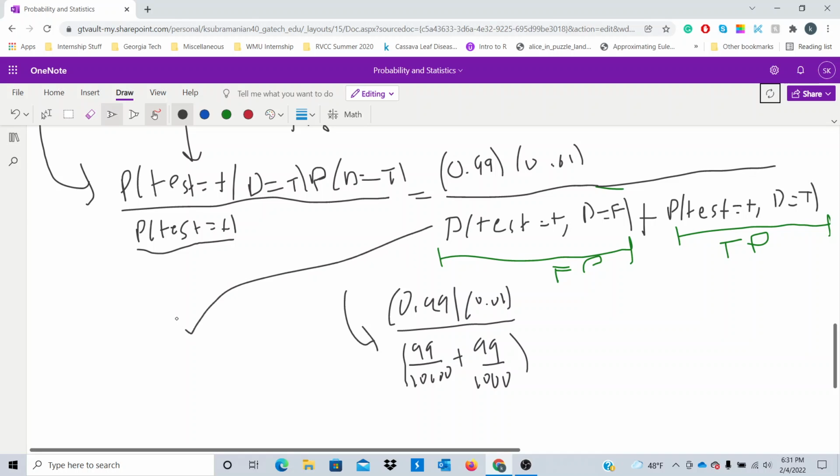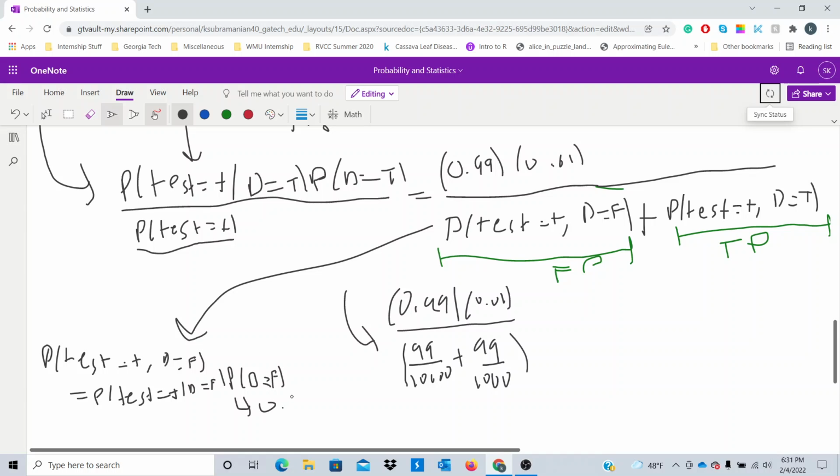I would also make a side note here that you can also say that the probability of test equals positive and disease equals false is equivalent to the probability that you test positive given that you don't have the disease, multiplied by the probability that you do not have the disease. So you know the probability that you don't have the disease is 0.99, because there's a 1% chance of having the disease.